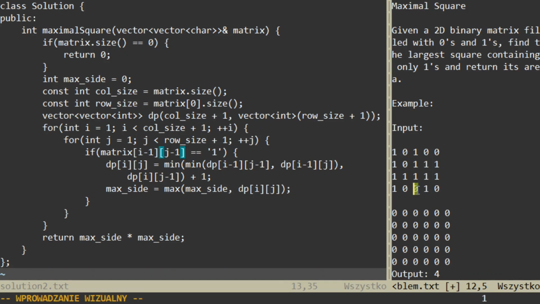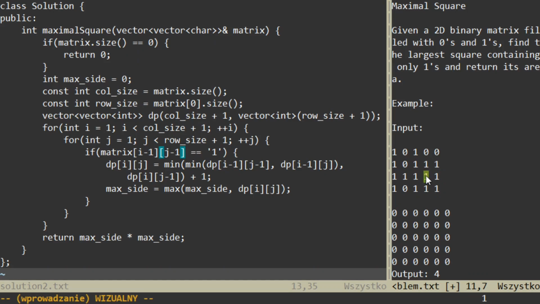For example, it will be here 1 and 1. We can check that this is the end of a square with side 2, and then also we can check that this is the end of side 2, but here and here is also 2, because this is the end of a square, this is the end of a square.